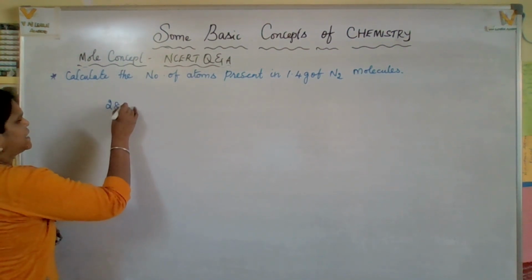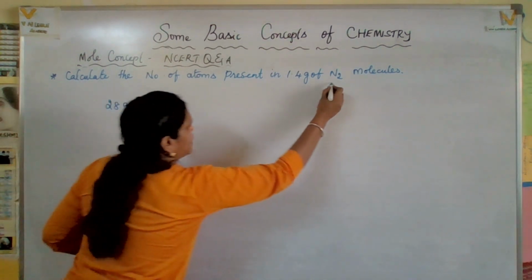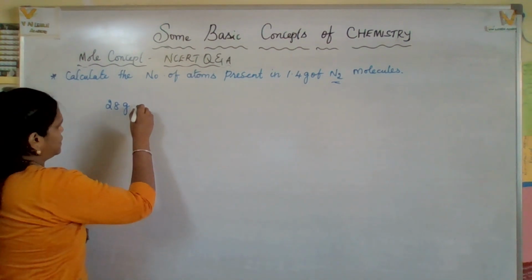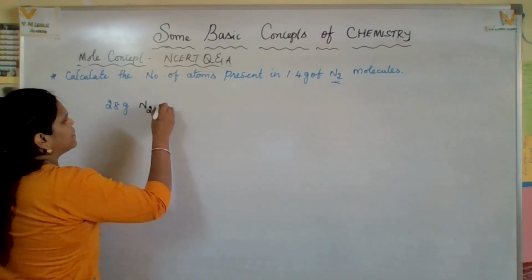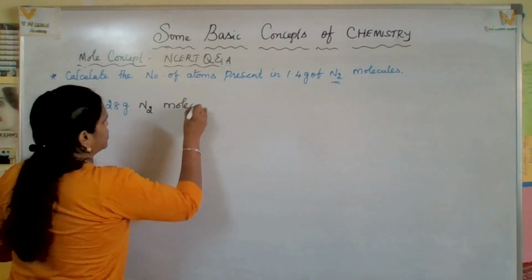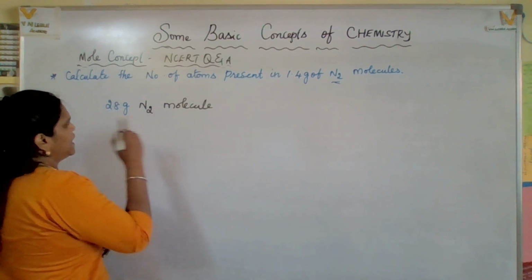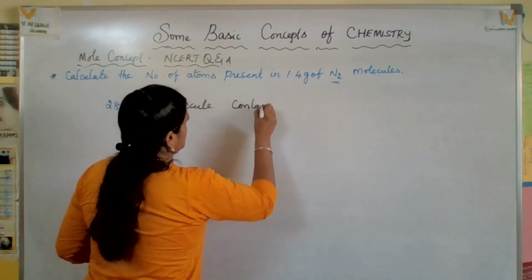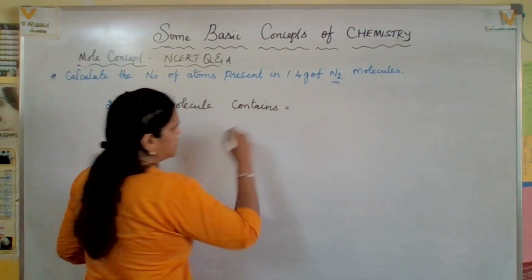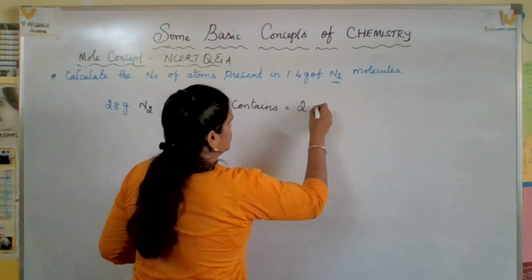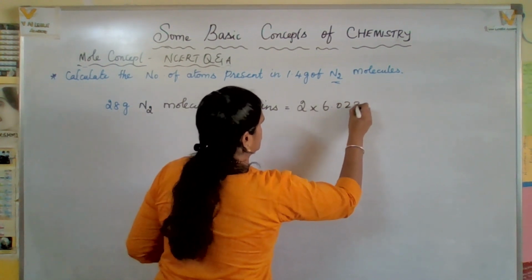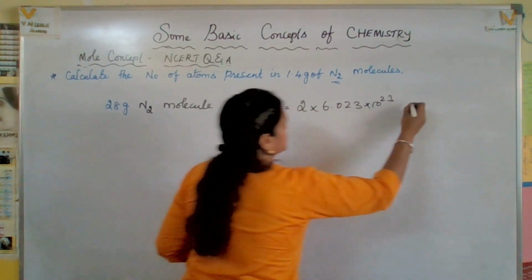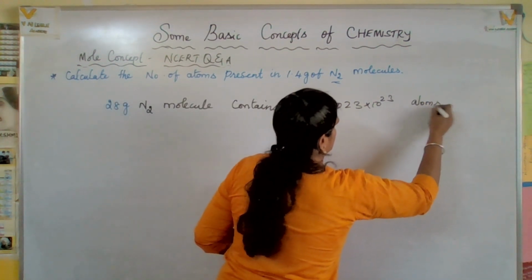So, 28 gram. How do you get that 28 gram of nitrogen? Yes, I'll change the pen. So, 28 gram of nitrogen molecule. This is molecule, right? So, this 28 gram of nitrogen molecule contains, that is number of atoms, 2 into 6.023 into 10 to the power of 23 atoms.